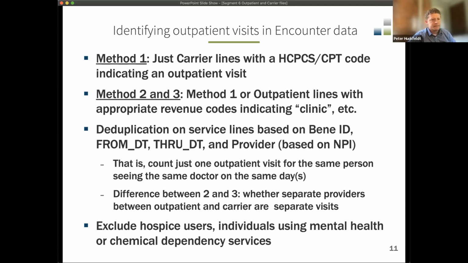There's a range of lines that are considered outpatient visits by NCQA. So that's the first approach to identify these lines.